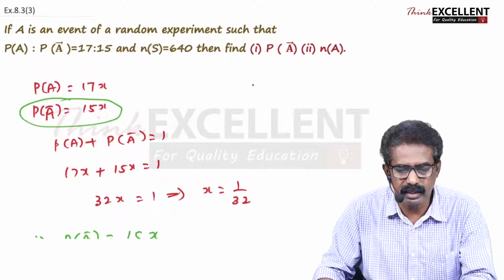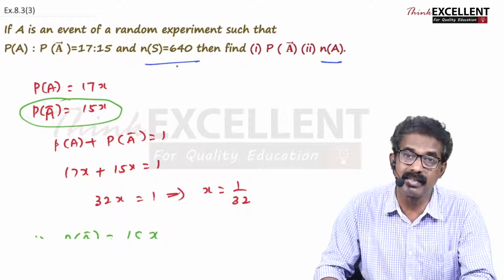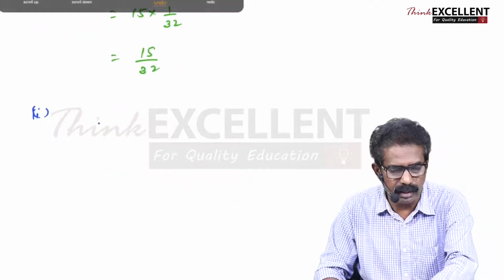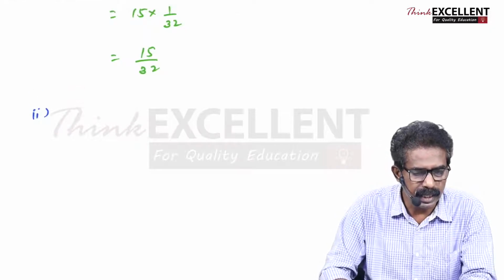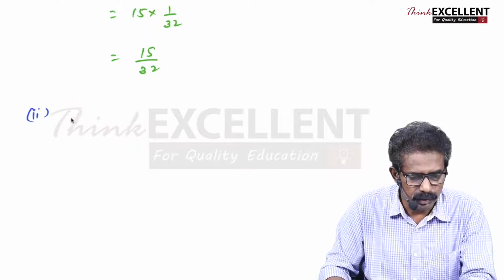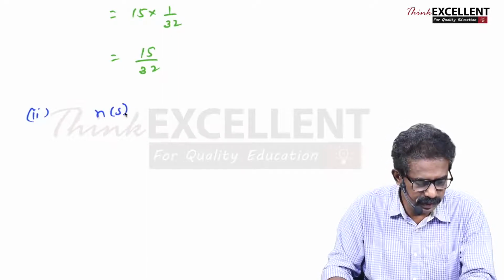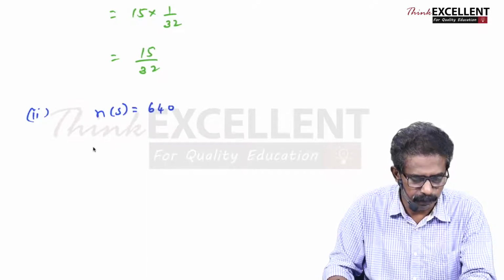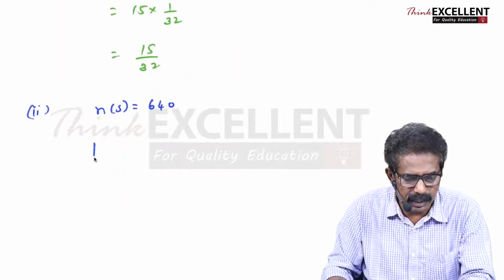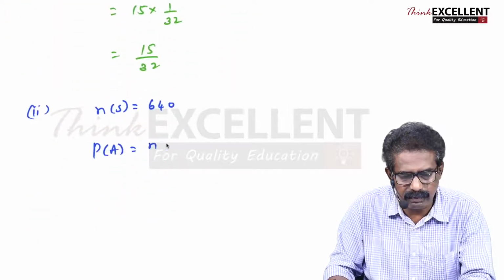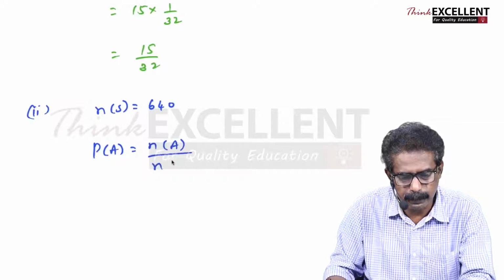they asked to find n of A. N of S is given, right? So there is a formula. It is given n of S, they have given us 640. So they asked to find n of A. So you start with P of A. P of A formula n of A by n of S, right?